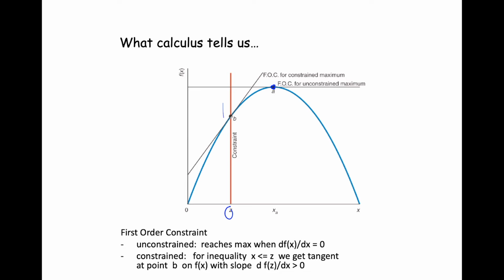It's less than or equal to z. And that's going to be this quantity B here along the blue curve. It's also that point where this red constraint line intersects with this blue primary objective, our function of interest.